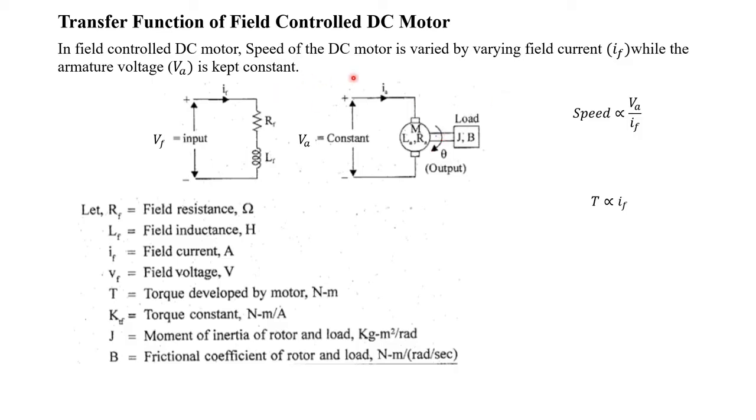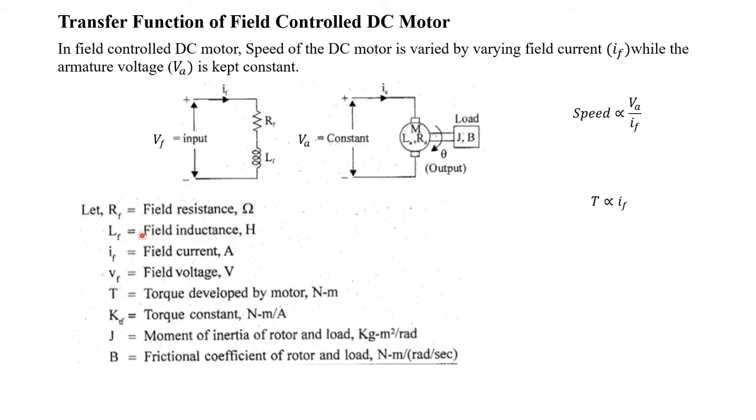So in the field control DC motor, the speed of the motor can be varied by varying IF, and the VA value will be kept constant. So this is the diagram. For the analysis, we are concentrating only on this field part, and we are keeping the armature part constant. Now we have to explain all the parameters in this field part.